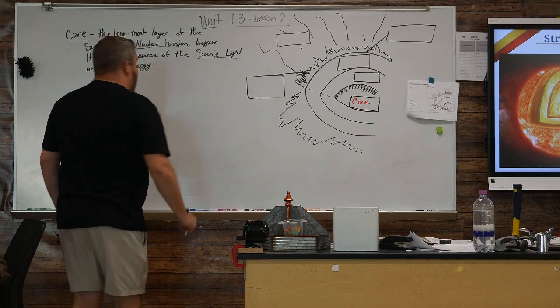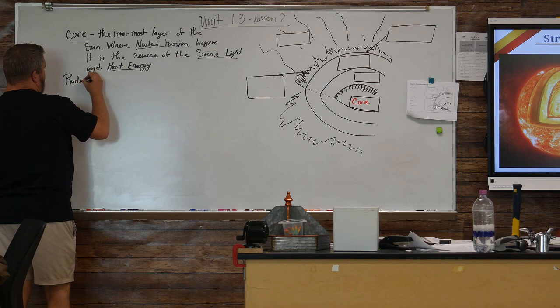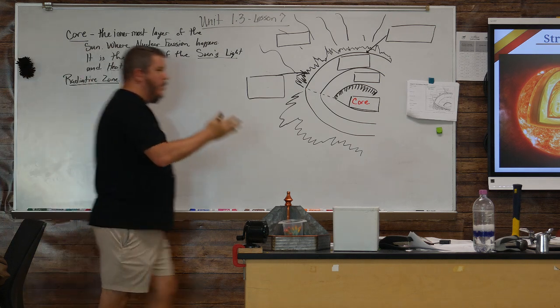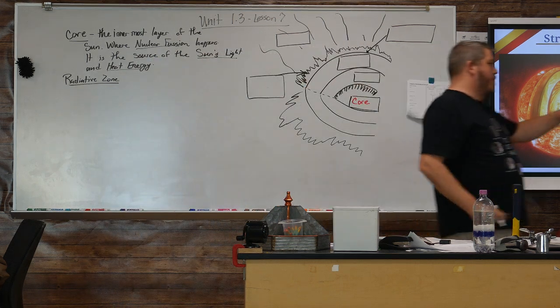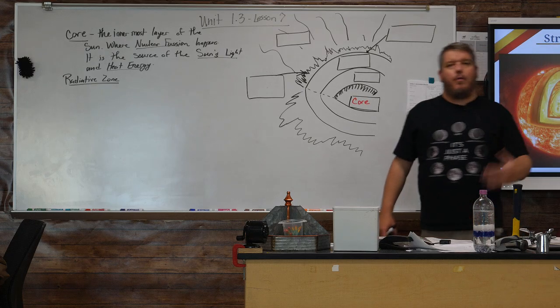The next one is the radiative zone. It has a lot of information, so I'm going to read it for you. It says it is a shell of cooler hydrogen surrounding the solar core. Light is bouncing from the core through the radiative zone.